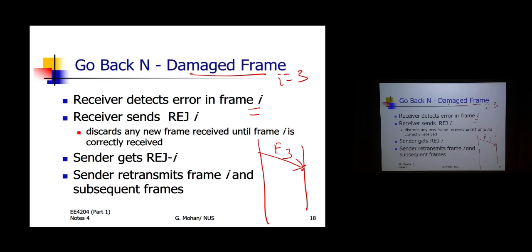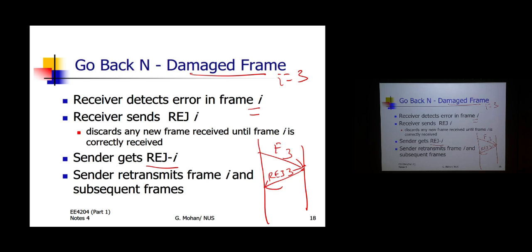After receiving frame 3, when it does the CRC test, it finds that the CRC test failed, so there is an error. If there is an error, it will send a reject I, that means reject 3. It sends reject 3.